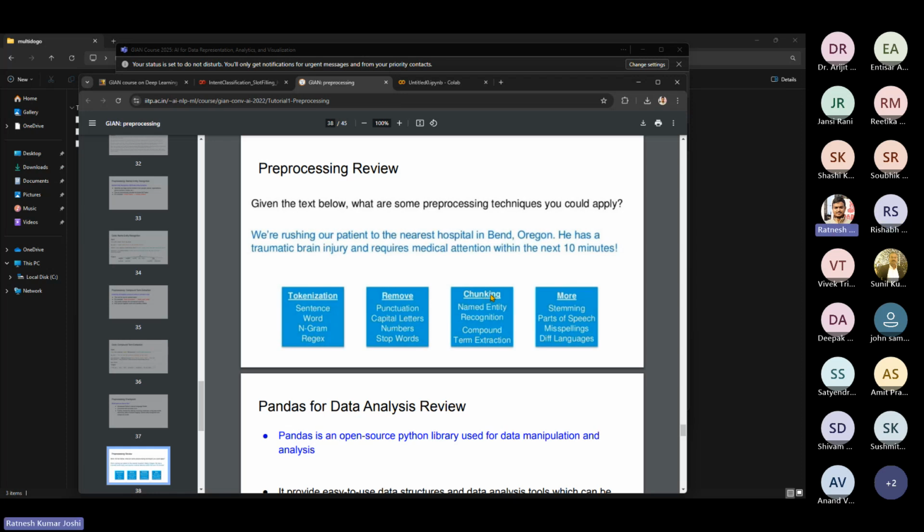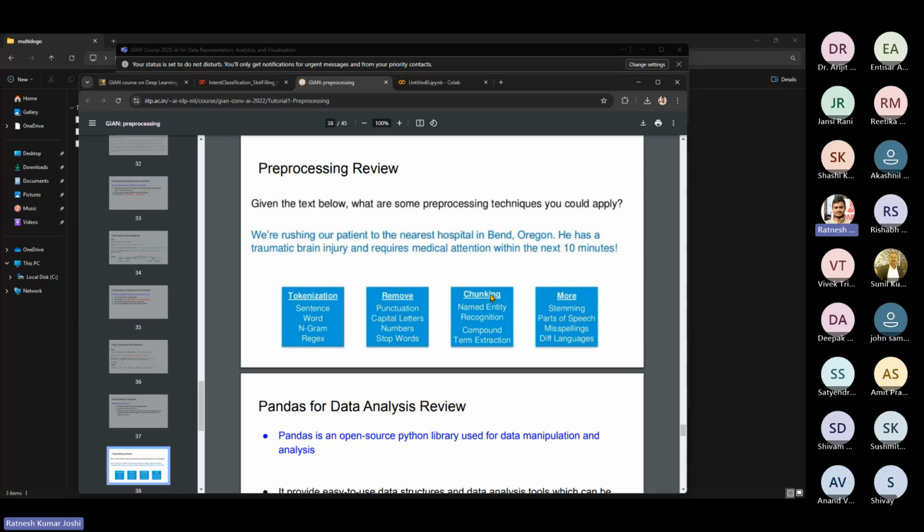The third idea is chunking. What we are trying to do is group together specific tokens to make them meaningful phrases, right? Or meaningful compound words, right? So for example, these could be named entities like United States or James Smith, or it could be compound terms, which can be dependent on user definitions, right? Of course, other than that, we can also apply stemming, right?